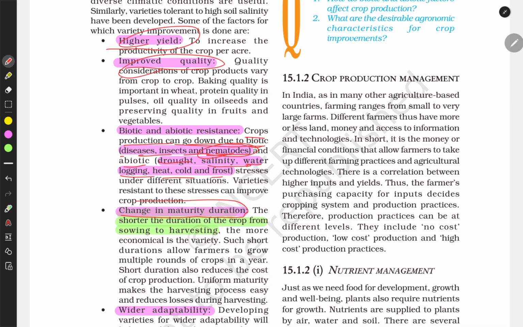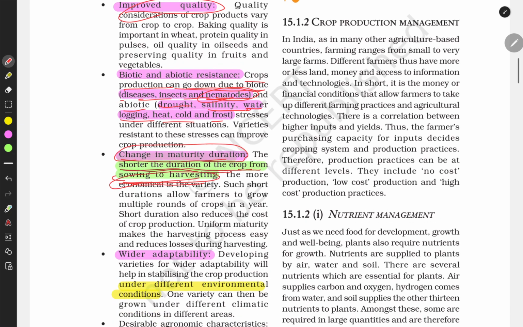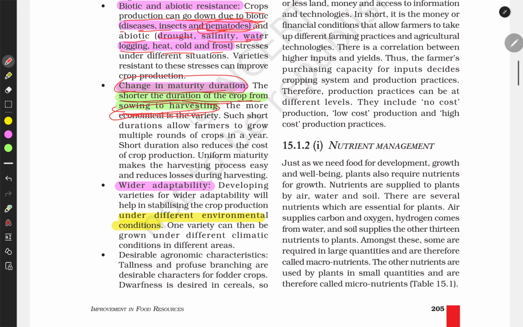Another aim is changes in maturity period, shortening the duration of the crop from sowing to harvesting. The shorter the duration, the earlier it matures. And wider adaptability under different environmental conditions.